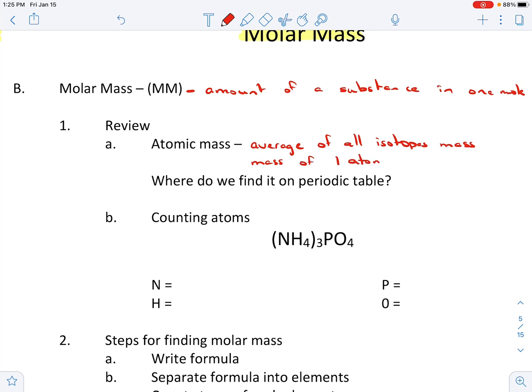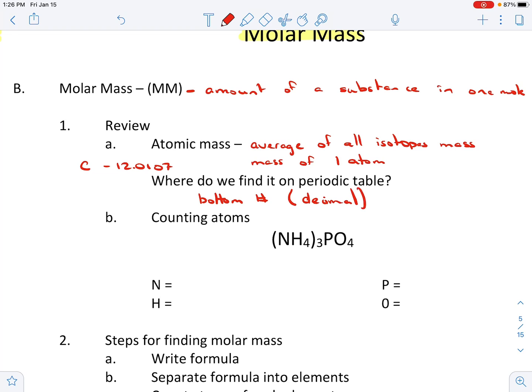For instance, carbon, the average mass of it is 12.0107. Where do we find that on the periodic table? If you're using the periodic table I gave you, it is the bottom number. Also, to differentiate it from the atomic number, it is the one with the decimal, so you should be able to find it fairly easily.